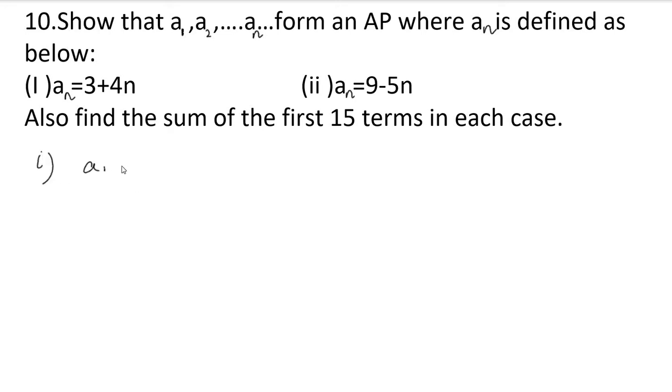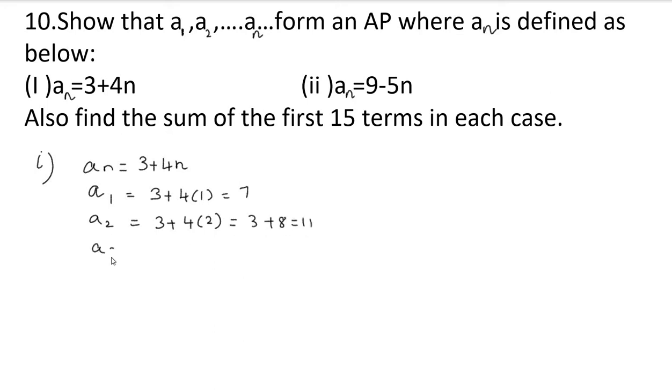Take the first one. What is given? an is equal to 3 plus 4n. Suppose I am finding the first term, that is a1. Instead of n, I substitute 1: 3 plus 4 into 1, that is 7. Then a2, the second term, is 3 plus 4 into 2, that is 3 plus 8 is equal to 11.